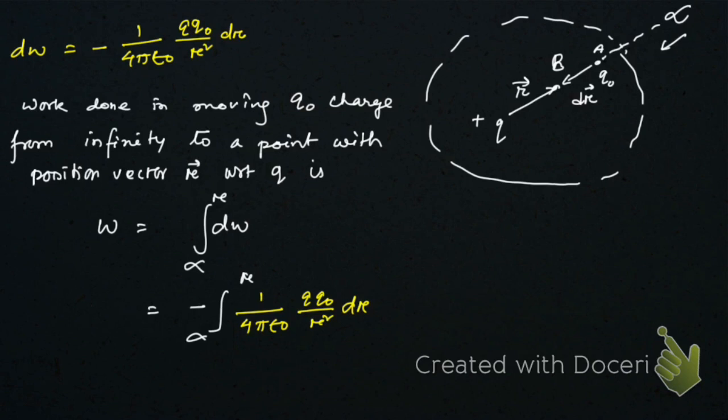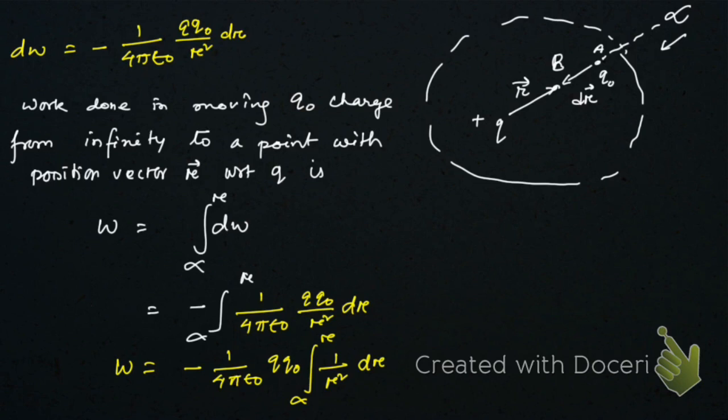Now you see, here we can bring the constant terms out from the integral. So q naught, and r is variable in this case, so integration of 1 by r square from infinity to r dr, right? So this is the total work done, W.